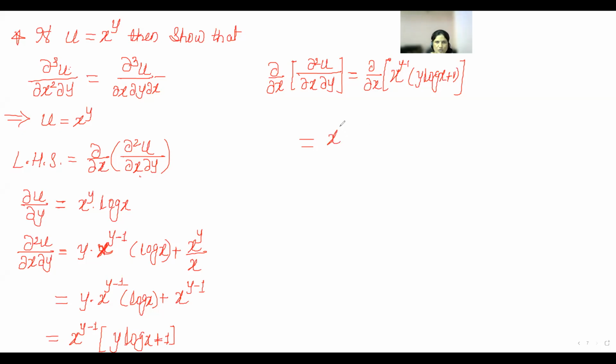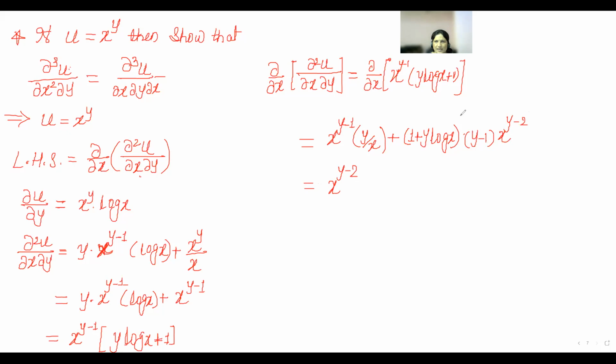So first keep x raised to y minus 1 constant, in bracket y into log x, derivative y divided by x, plus 0, that is 1 plus y log x constant into the derivative of x raised to y minus 1, that is y minus 1 into x raised to y minus 2. Here too you will get x raised to y minus 2 into y.